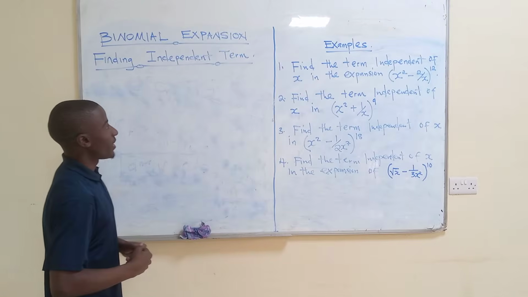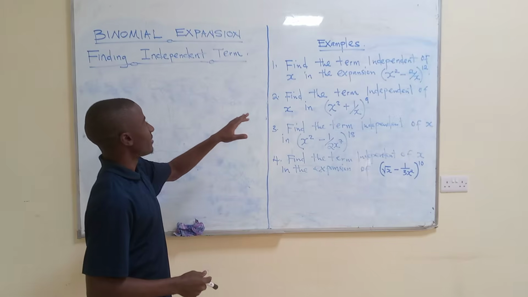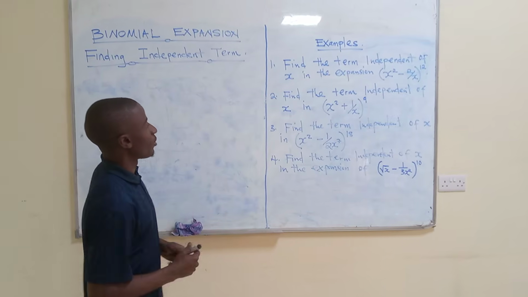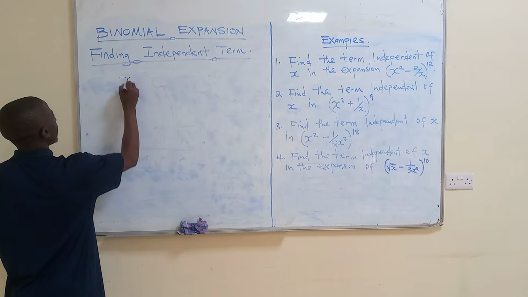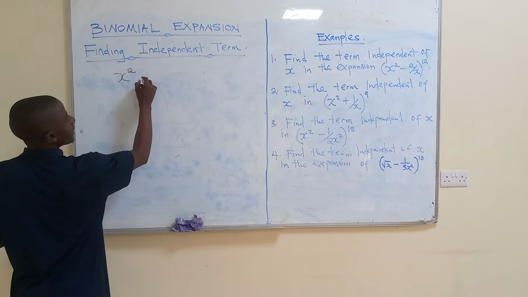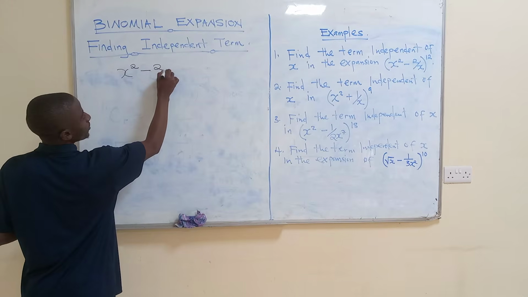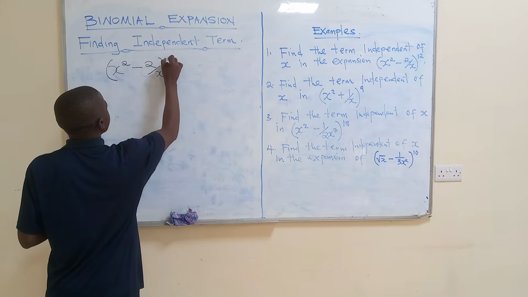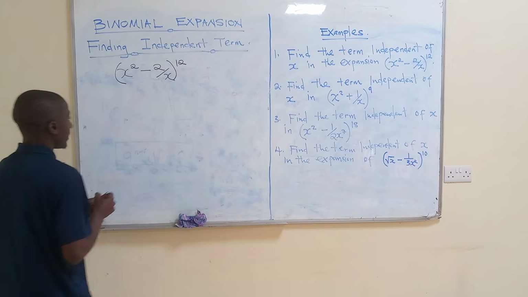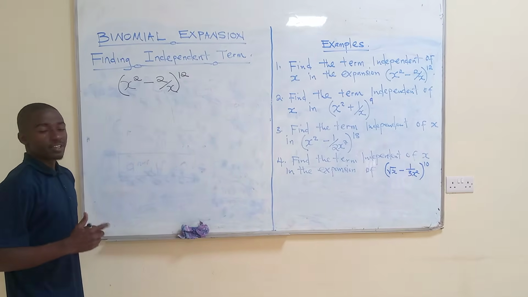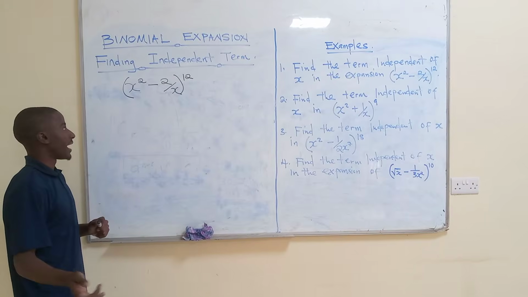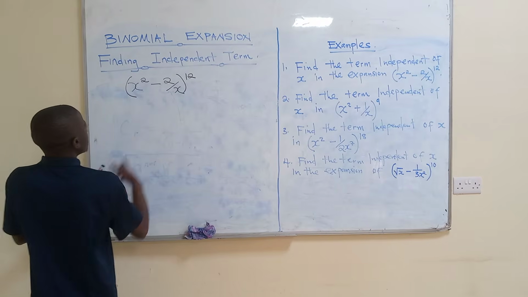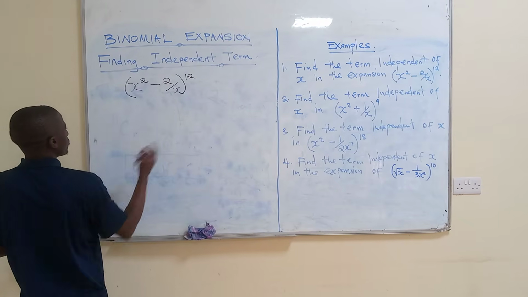So we have question 1, where they are saying find the term independent of x in the expansion of (x squared minus 2 over x) to the power 12. Like I said, the first thing you have to do is find the value of r. But now, let's simplify the expression that you have been given.